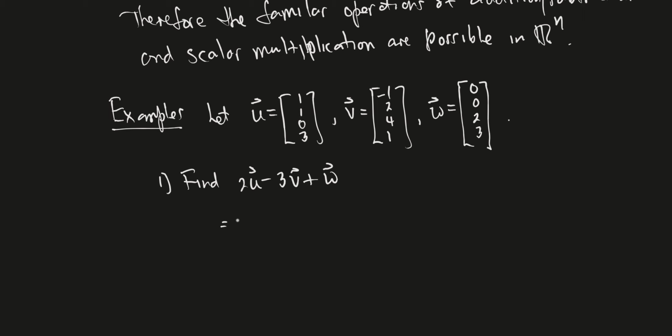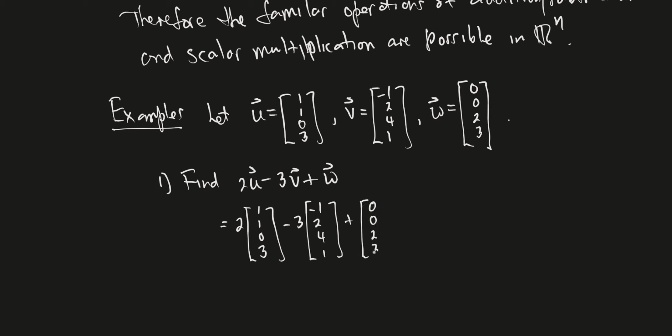This is equal to 2 times my 1, 1, 0, 3 minus 3 times negative 1, 2, 4, 1, and then plus w, which is 0, 0, 2, 3, right? And as usual, we do our scalar multiplication before we add and subtract, right? Order of operations.